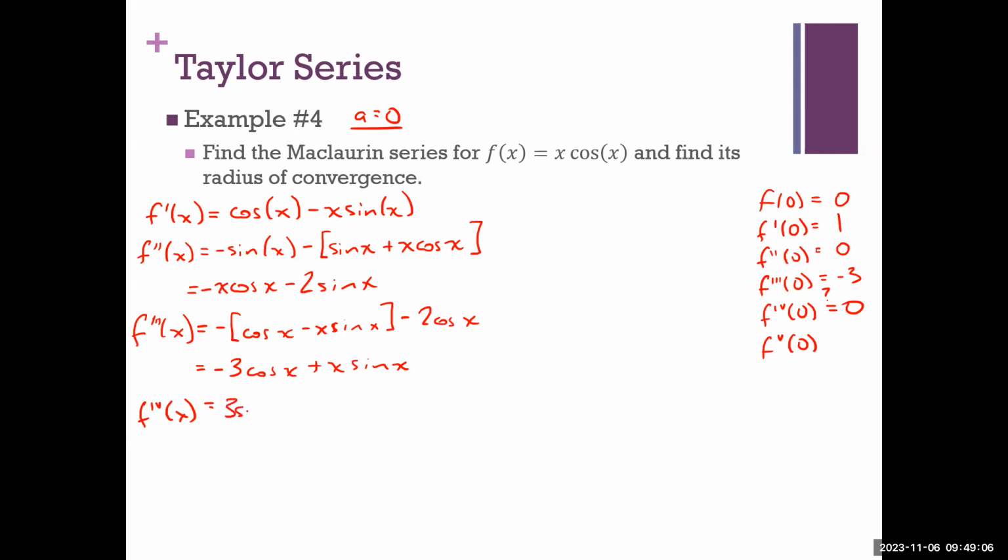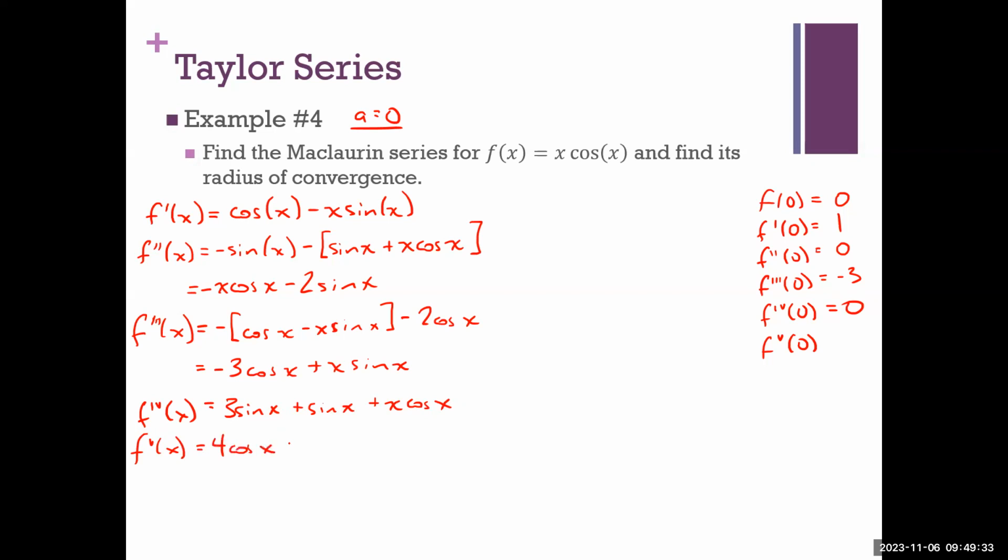3 sine x plus sine x. Yeah, I think plus x cosine x. That looks like a 0. So this is 4 sine x, right?